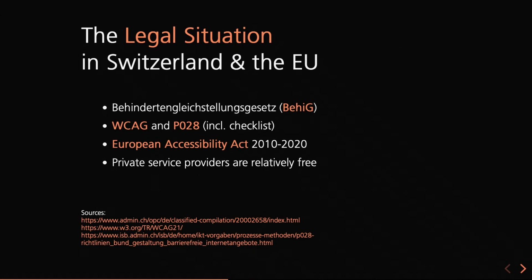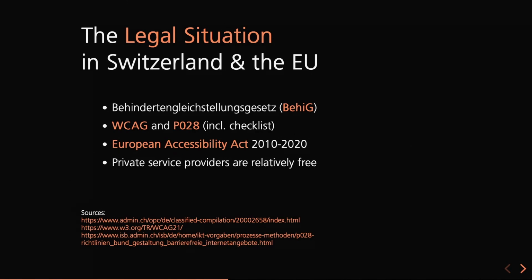So in Switzerland, we have the WCAG, which makes sure that no one gets discriminated. I mean, this is a much broader law, which includes accessibility to buildings, but also to online services. And in Switzerland, all the cantons and the federal government have to make sure that their services are accessible for everyone.